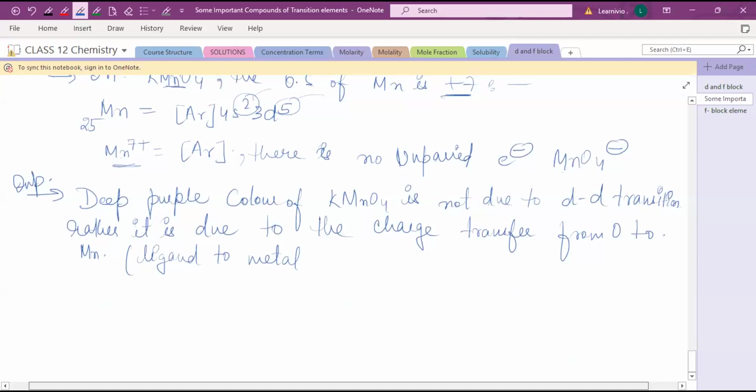It's not due to d-d transition, because there is no unpaired electron. It is due to ligand to metal charge transfer. Here the charge transfers from ligand to metal, from oxygen to manganese. That's why KMnO4 has intense deep color. Got my point?